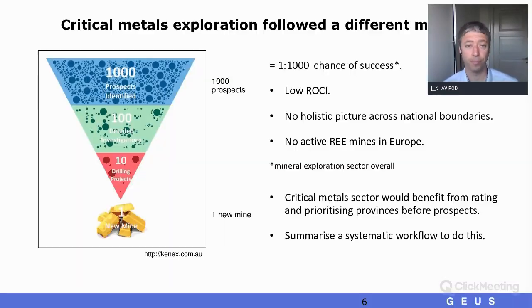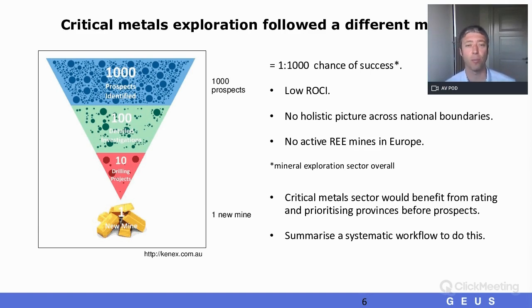And the result of that, for the mineral exploration sector overall, is only a 1 in 1,000 chance of success, with a low return on capital invested, no holistic picture for rare earth elements across national boundaries, and no active mines in Europe. And so I recommend that the critical metals sector would benefit from rating and prioritizing provinces before focusing down on the prospect scale.